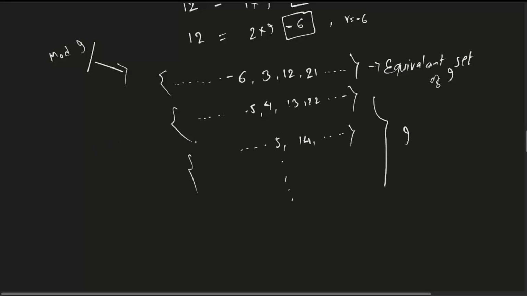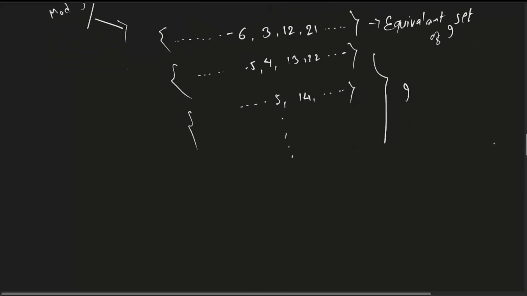So if you are trying to find the equivalent sets of, let's say, mod 5, we'll have a total of 5. So for 5, we start, let's say, from 0 to 5, 10, 15, -5, -10, and so on. And start with the 1 now. So 1, 6, 11, 16, -4, then -9, and so on.